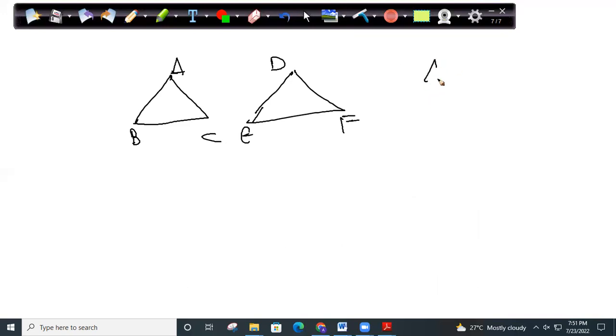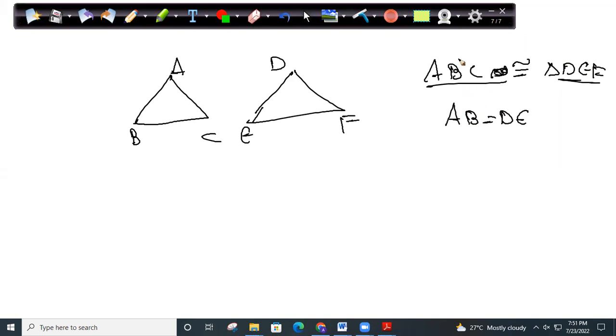When I say everything is equal, if triangle ABC is congruent to triangle DEF, AB should be equal to DE. If they are congruent, corresponding sides should be equal: AB equal to DE, BC equal to EF, AC equal to DF, and the corresponding angles are equal.